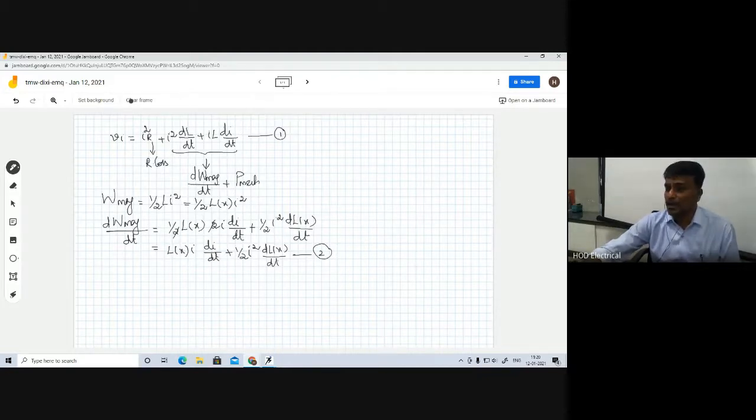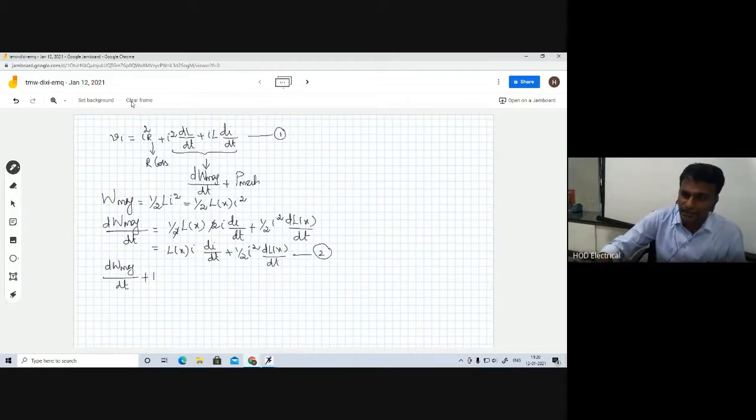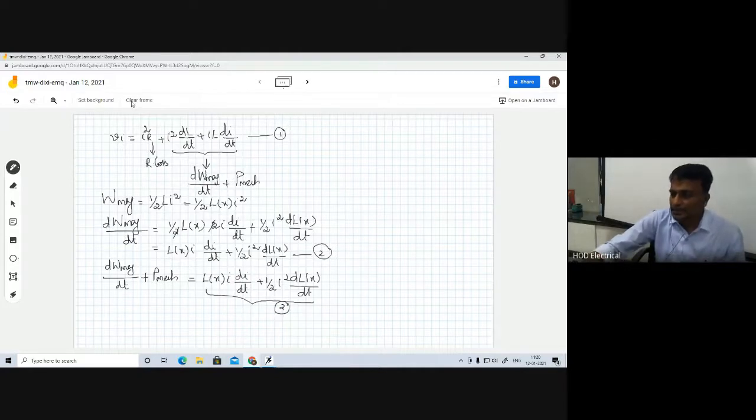Just substituting this value, dW magnetic field divided by dt plus P mechanical power is nothing but L of x into I into dI divided by dt plus half I squared into dL of x divided by dt. This is our equation 2, plus the mechanical output.